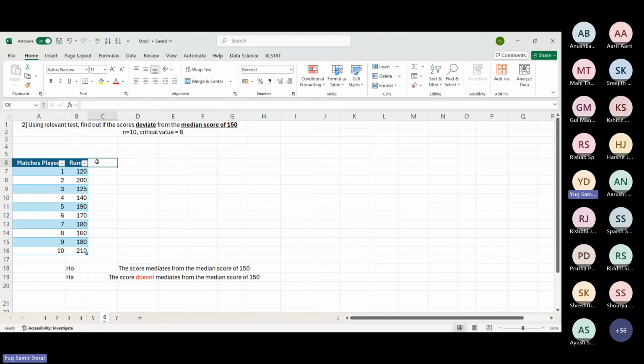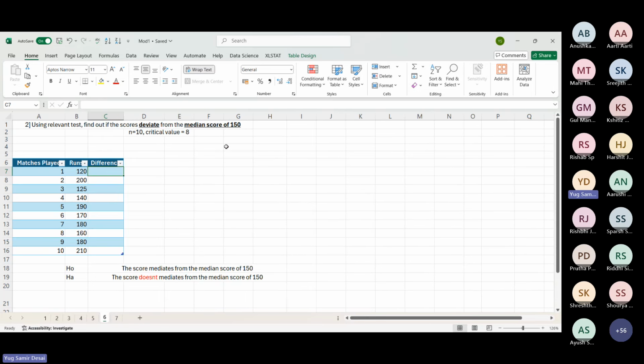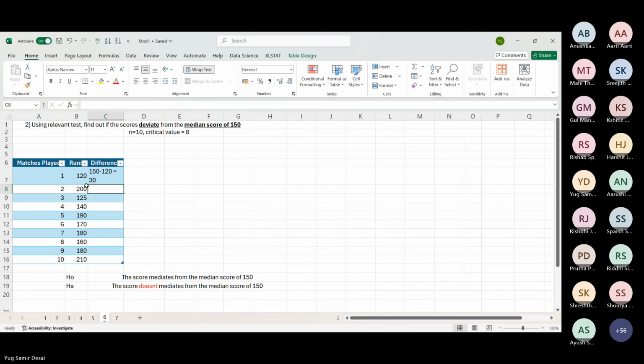Our approach is that first we find the difference between the runs and the median score of 150. So we subtract 150 from the first value, 120. That would give us minus 30. In the next case 20, 50, in the next case minus 25, and then minus 10.